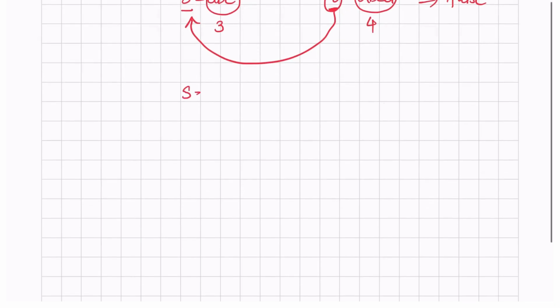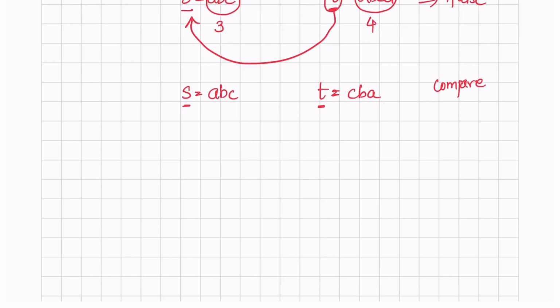But let's talk about a case where S and T are of the same size. So let's say S is ABC and T is CBA. How can we prove that T is an anagram of S? One easy way is to compare characters. You can compare each character in T with each character in S, and if all the characters in T match all the characters in S, life is good.